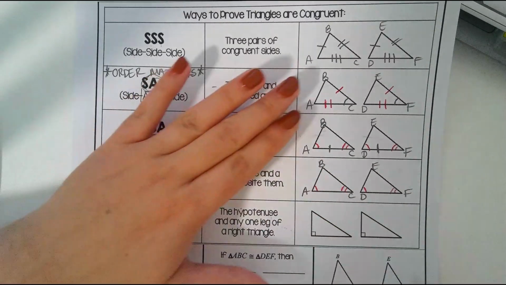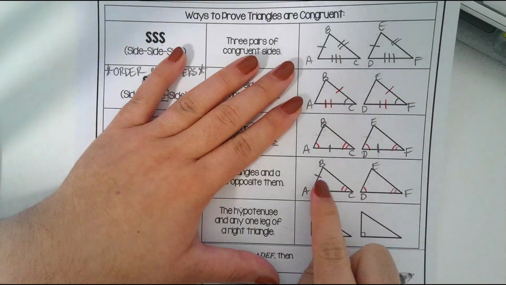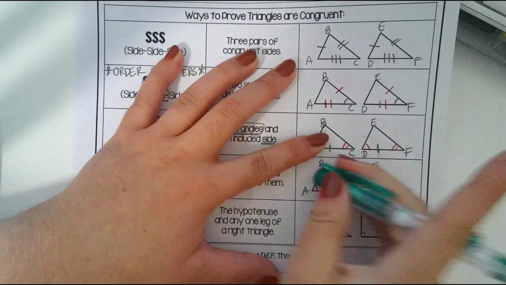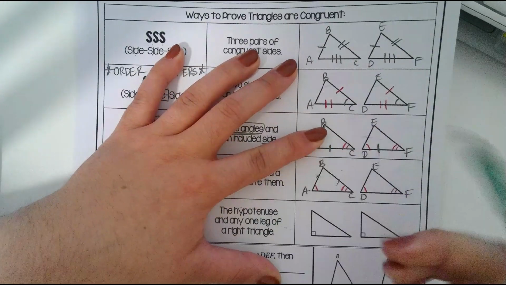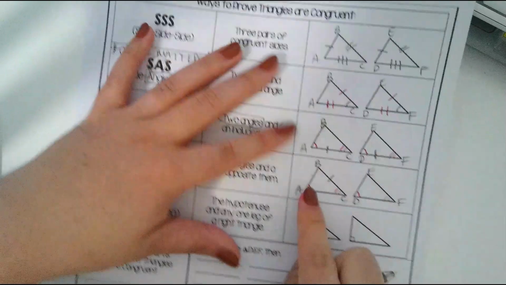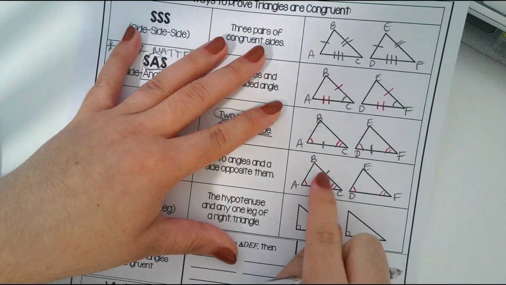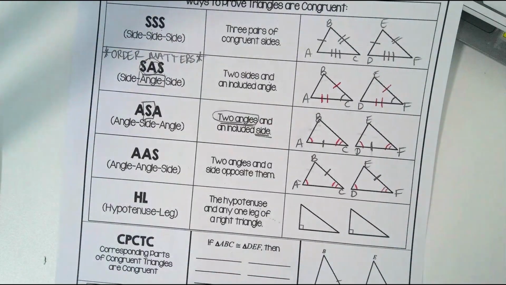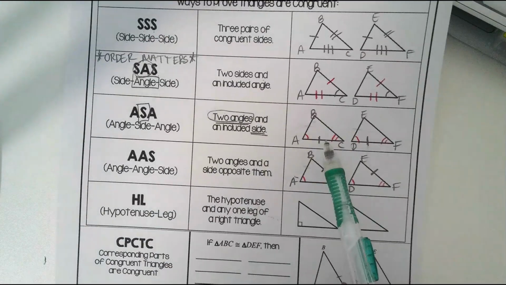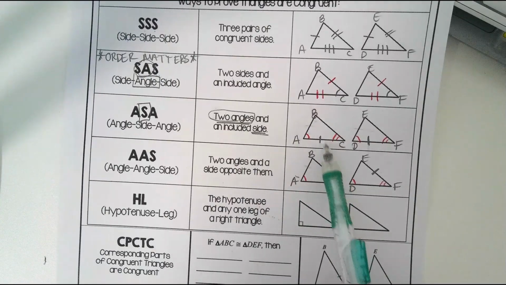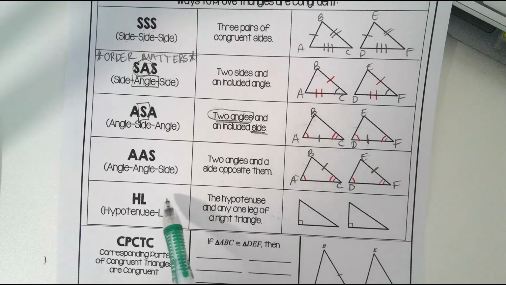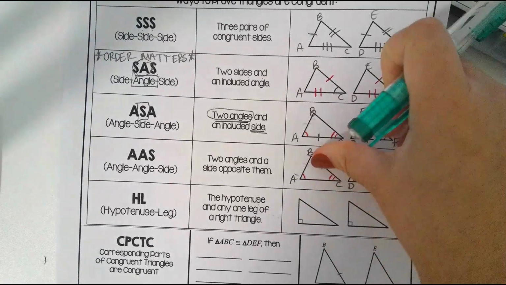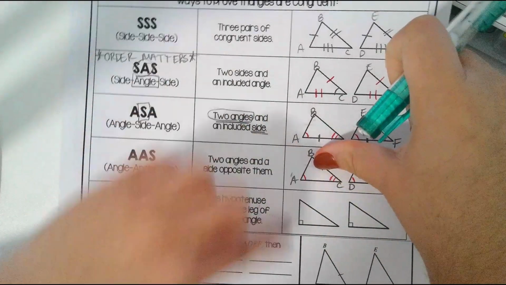Here, the congruent side can be this one right here, angle, angle, side, or the congruent side can also be this one right here. Here, to use ASA, the congruent side is in the middle, but in AAS, the congruent side is at the end. And remember, it can also be this one right here, okay?